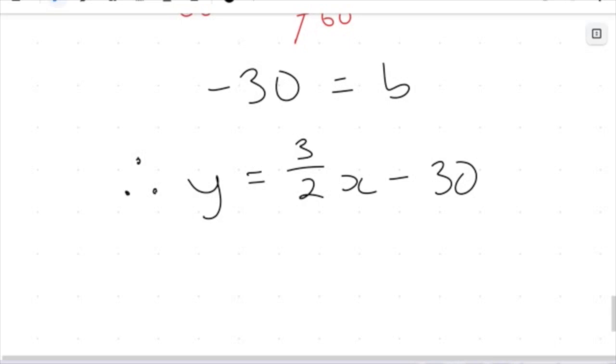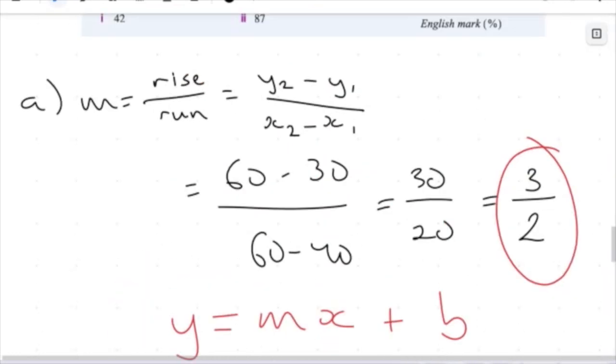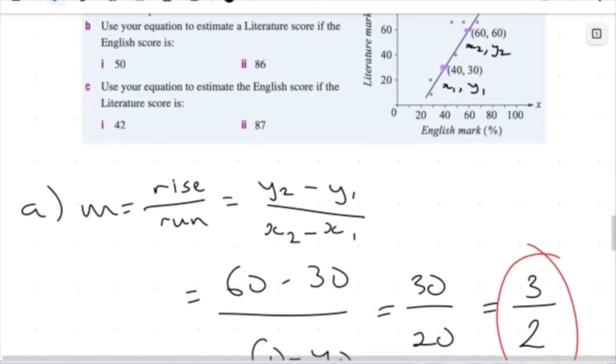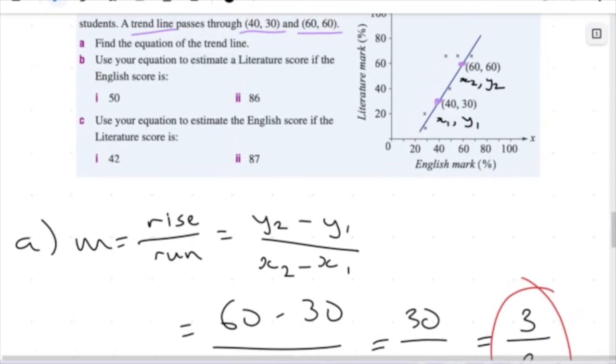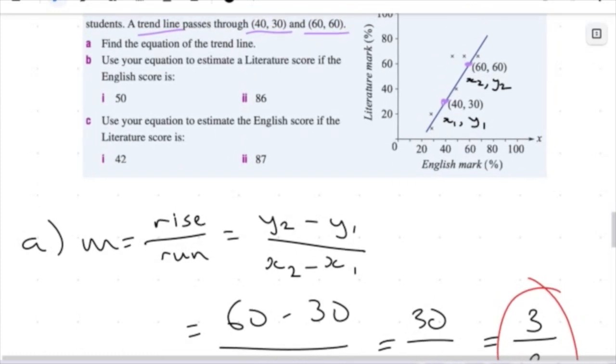And now using this equation, we can predict a few points here. So what we're doing here is working with the two definitions we learned before, interpolation and extrapolation, and seeing how we can apply those to this particular question. So in part B, we want to estimate the literature score if the English score was 50.